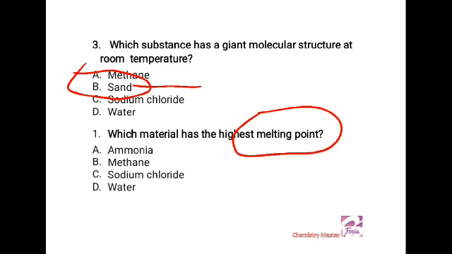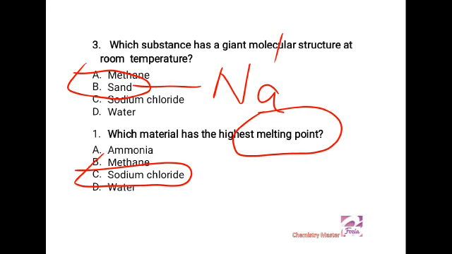Out of these four options, only option C is an ionic compound, which has oppositely charged sodium ions tightly packed and surrounded by chloride ions. As the force of attraction is very strong, it needs high energy or high temperature to break these forces and keep them apart.